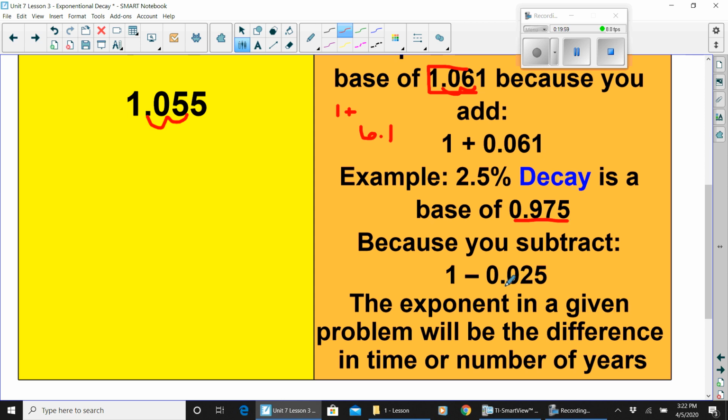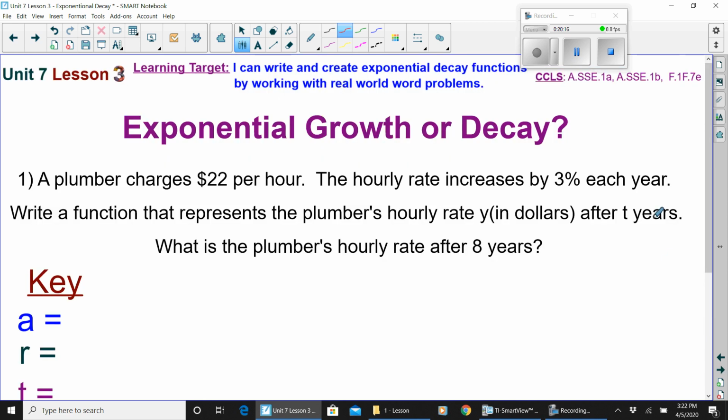So the decay would be, in this case, 2.5%. Those are the types of questions that you can definitely expect on the Regents. Those are multiple choice questions that you can definitely have. All right, we'll get into it a little bit more.